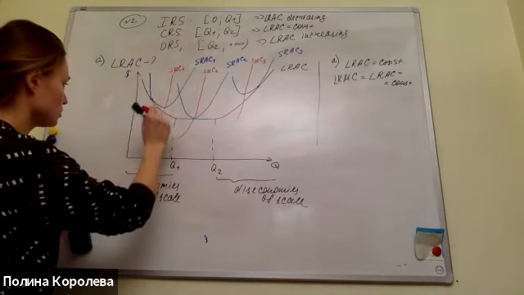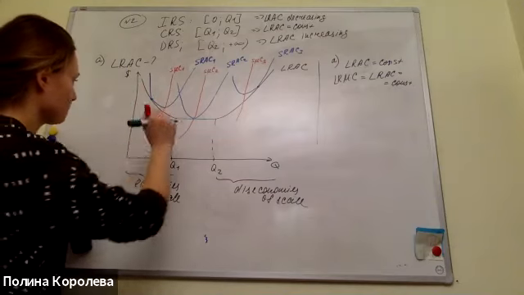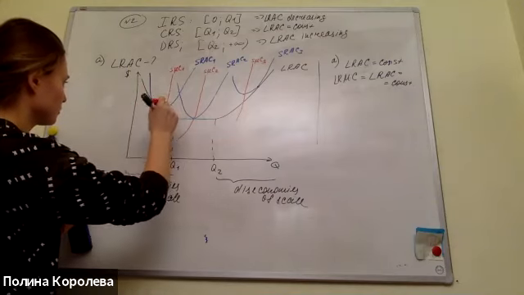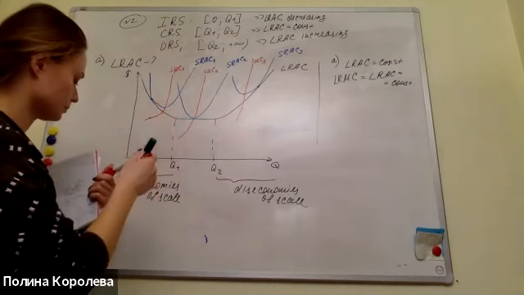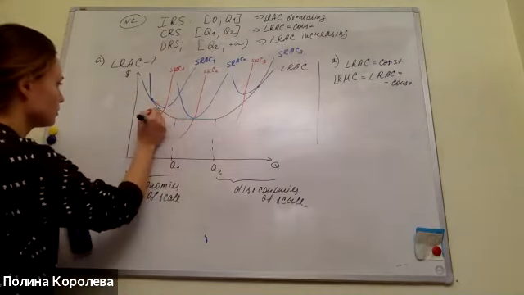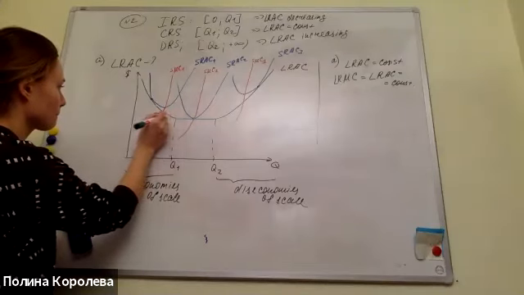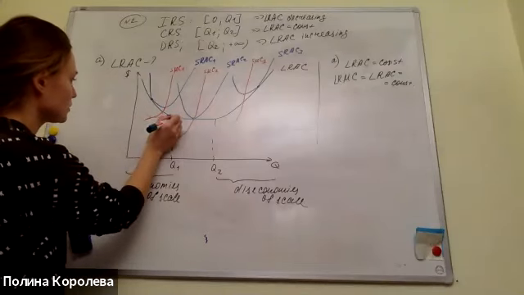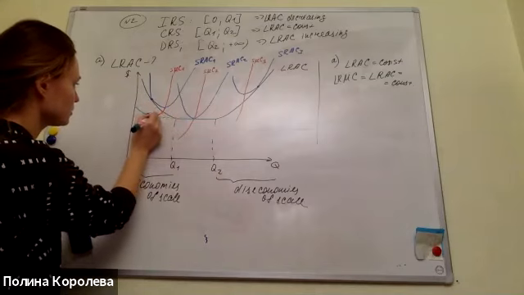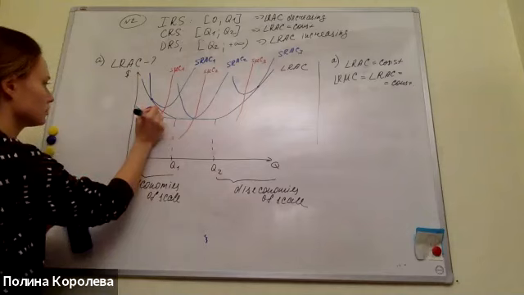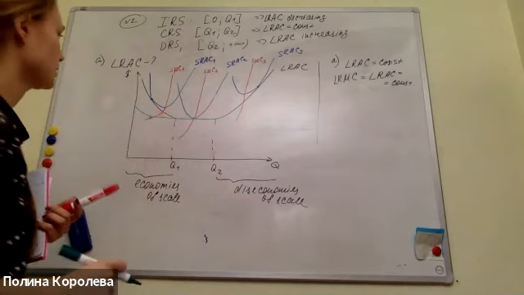Marginal cost should be this. Something like this, but they rise lower and they are decreasing at this point.